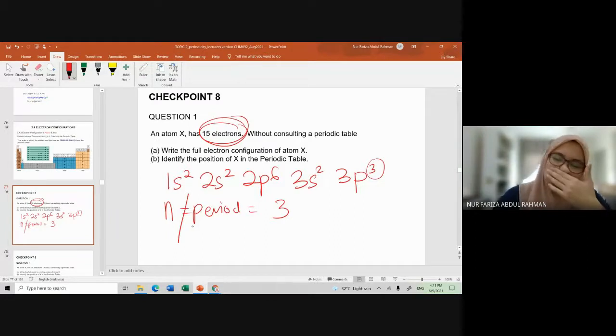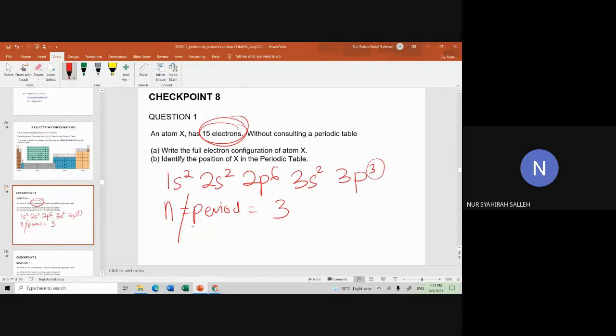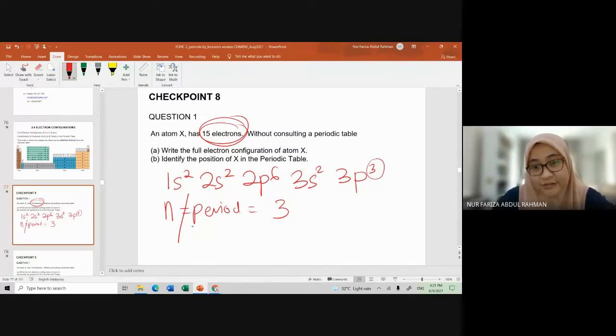Are you sure it's 13? How do we determine the valence electron in the first place? Adding up the 3s2 and 3p3. Yes. Okay, so what will be the total for that?